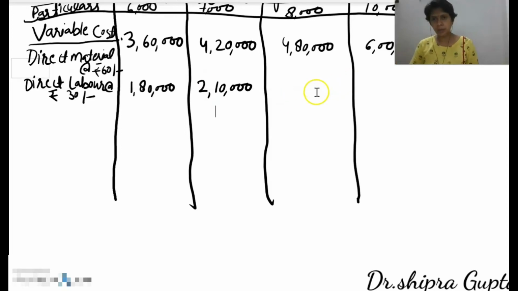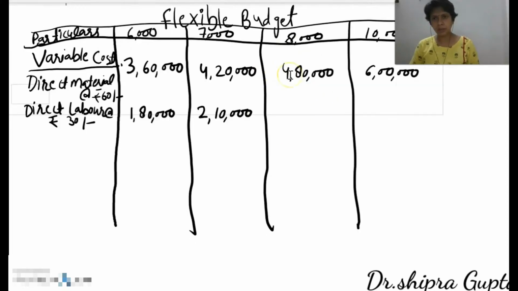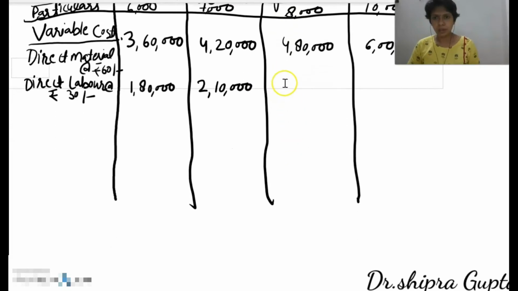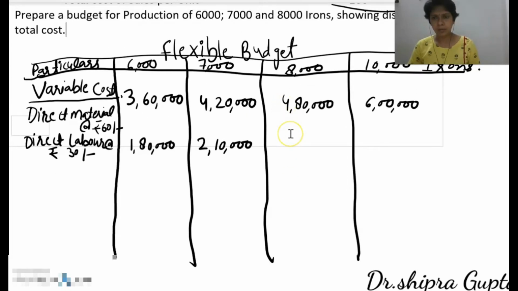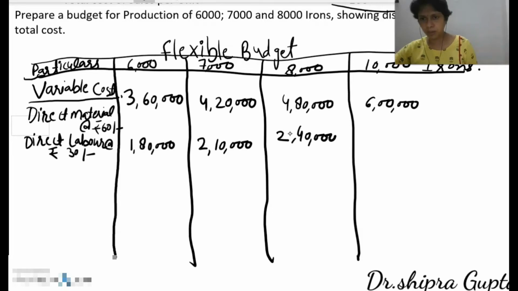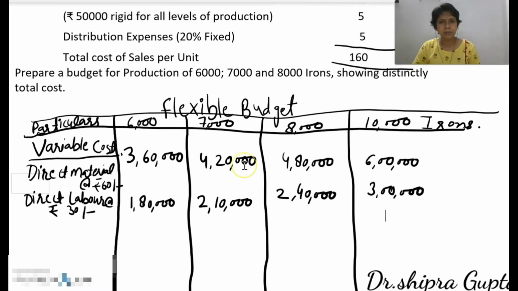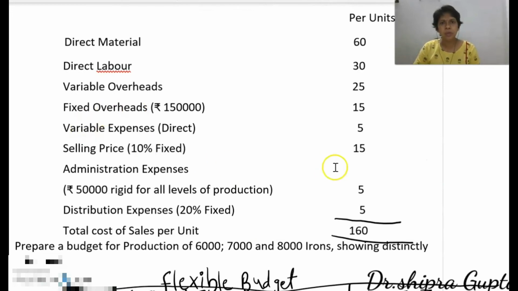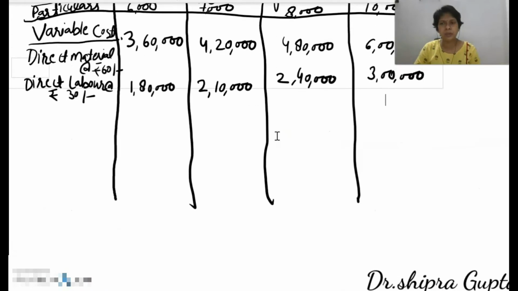Then 30 multiply 8,000, we will get 2,40,000 rupees. And the last one is 30 multiply 10,000, which means 3 lakh rupees. In this manner, we will again find the value of variable overhead at the rate of 25 each.